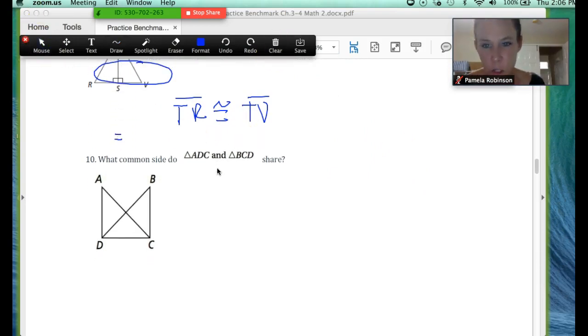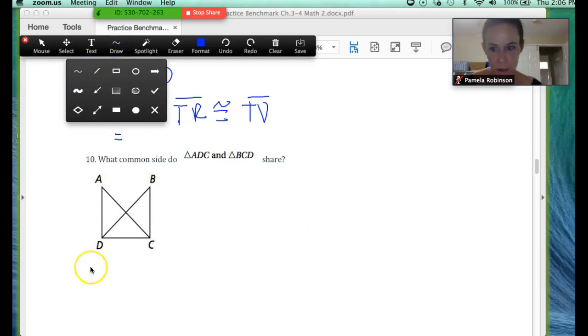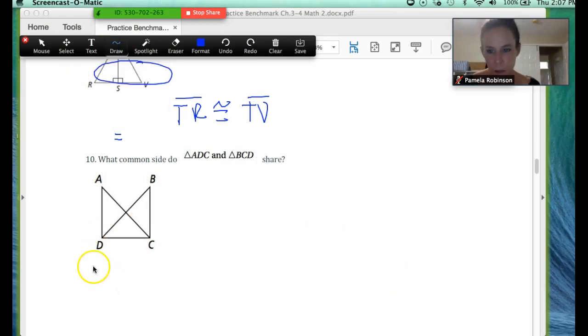What common side do triangle ADC and triangle BCD share? All right, you can break this one apart. If you are not a visual person and you want to break these apart, you can just draw them like this.